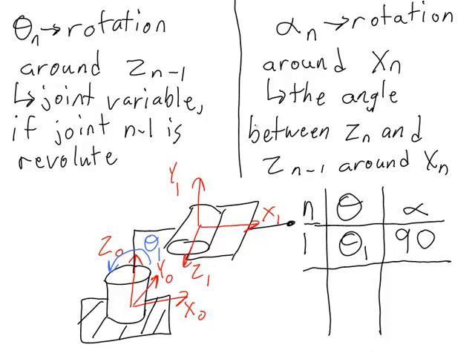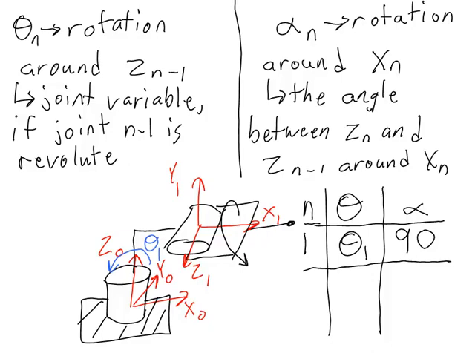The positive direction of rotation around X1 is this direction. I would have to rotate Z0 in that direction 90 degrees in order to get it to match Z1. And that's how I know that alpha 1 is 90 degrees.